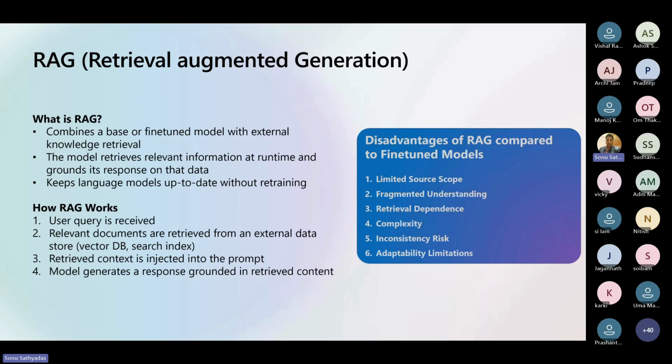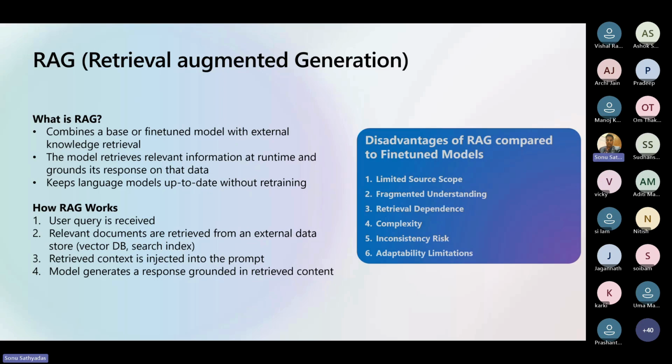So when the search is happening, if the search result is generating only some pieces of data, then it will respond based on that fragmented data. Okay, it may not be a complete understanding. Retrieval dependency.